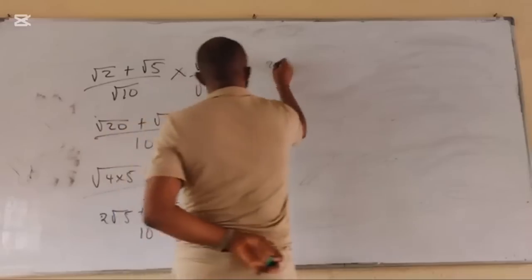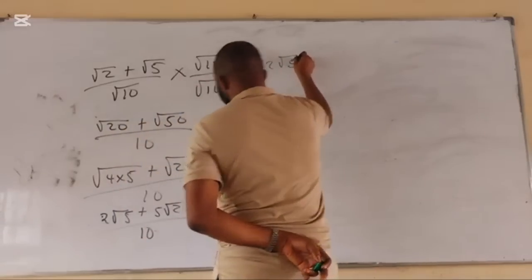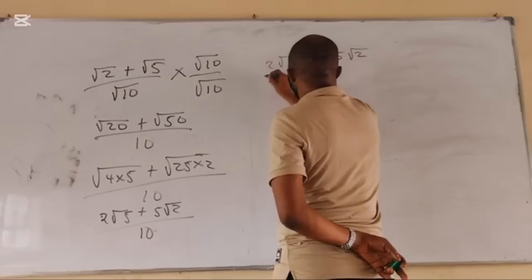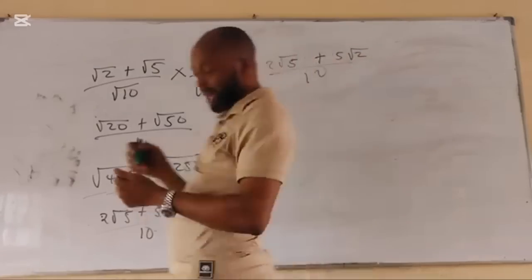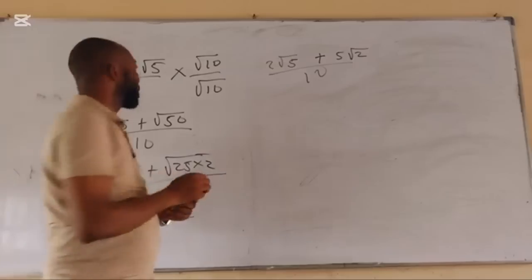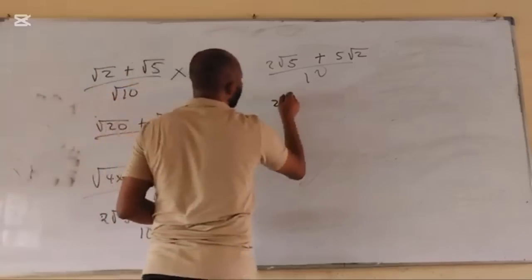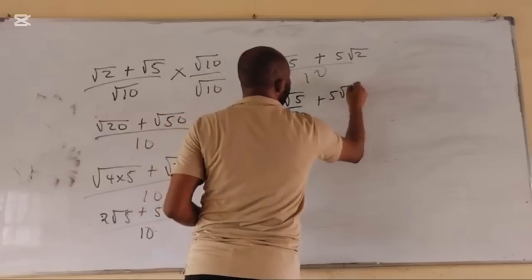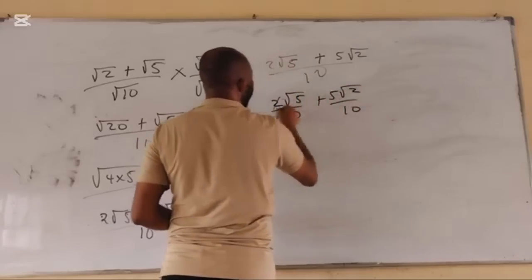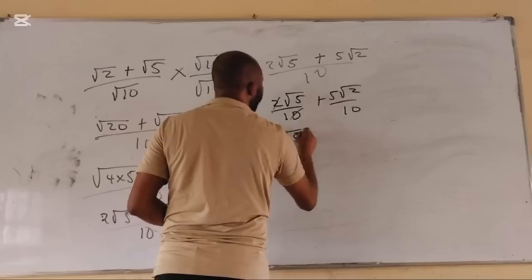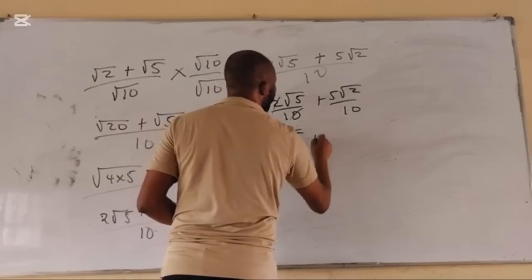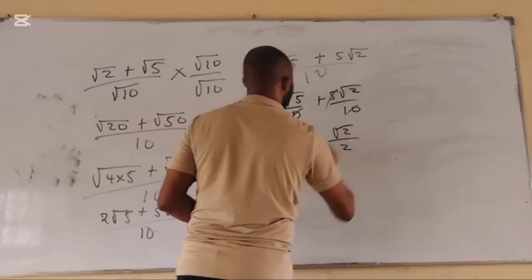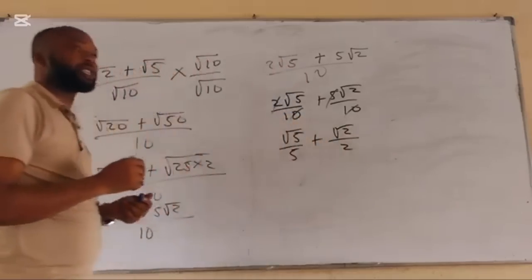So if I have 2 root 5 plus 5 root 2 over 10, that can become 2 root 5 over 10 plus 5 root 2 over 10. Simplifying, I have root 5 over 5 plus root 2 over 2. So this becomes the answer.